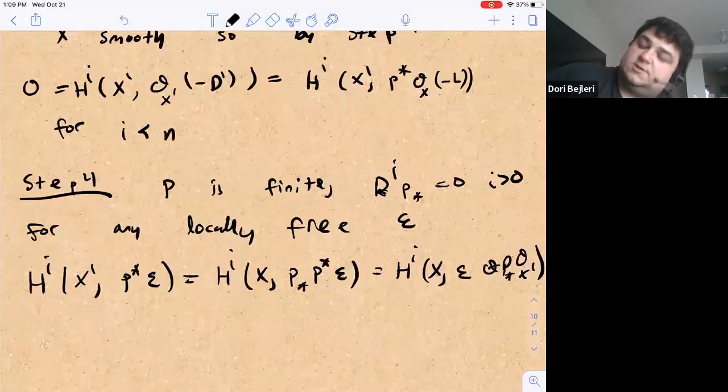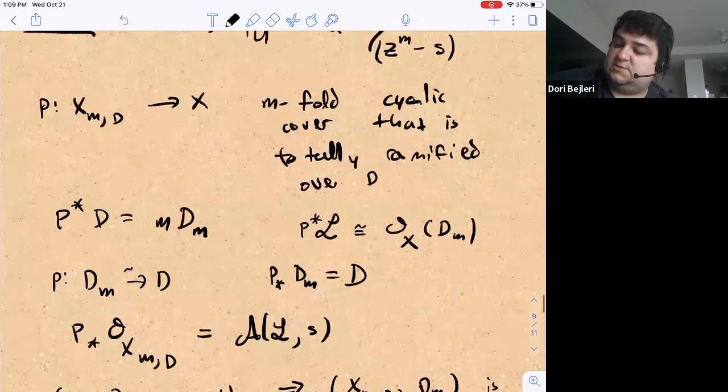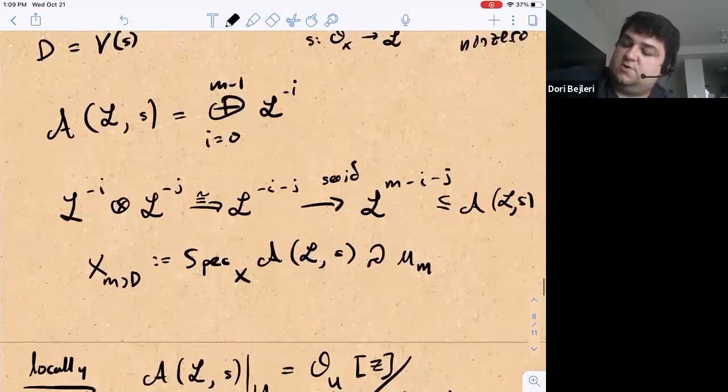But then we know what P lower star O_X' is. It's this direct sum that we took Spec of. It's this direct sum of L to the minus i's.